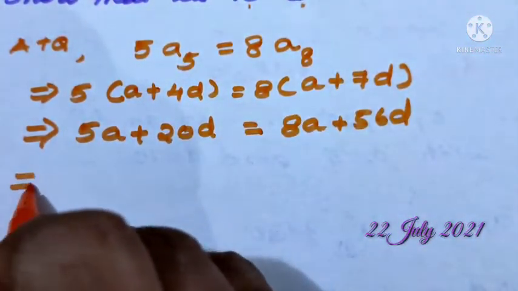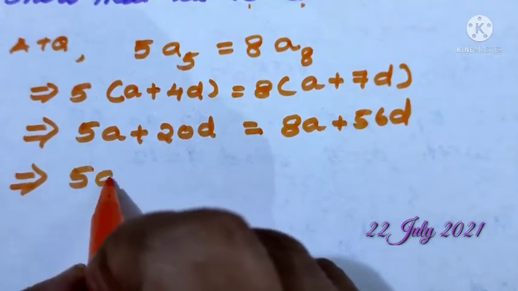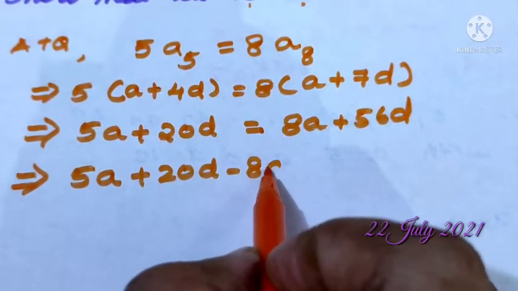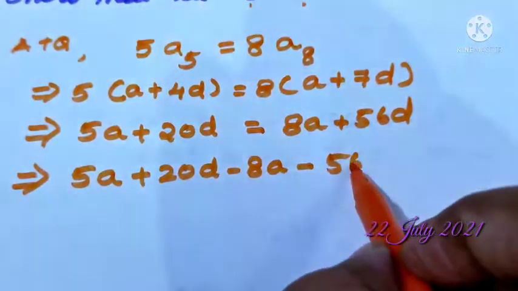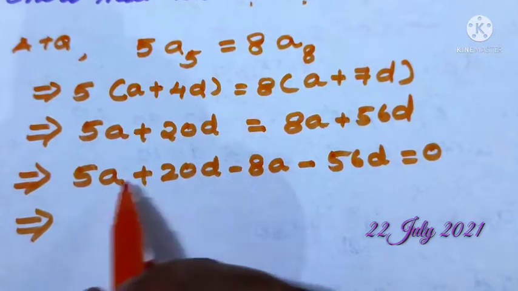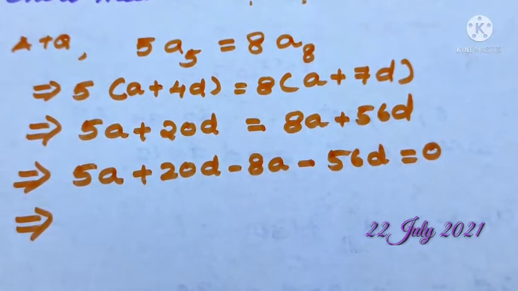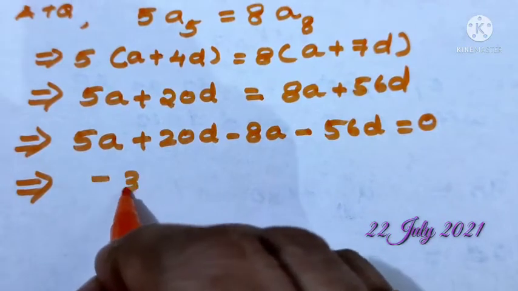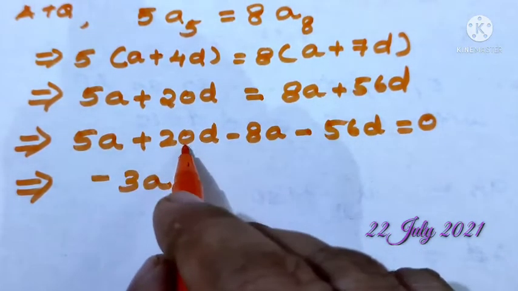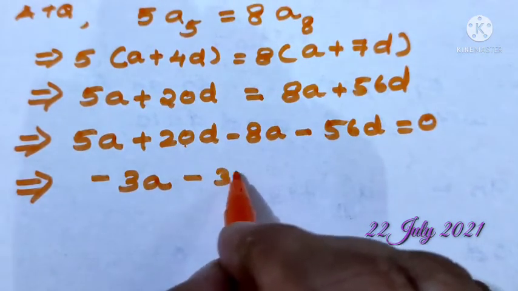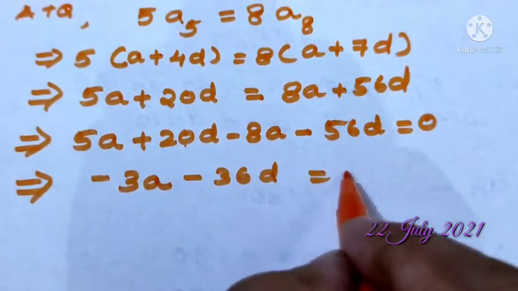Bring all the terms to one side. So 5A plus 20D minus 8A minus 56D equal to 0. 5A minus 8A, what is the simplification? Minus 3A. Next, 20D minus 56D, minus 36D equal to 0.